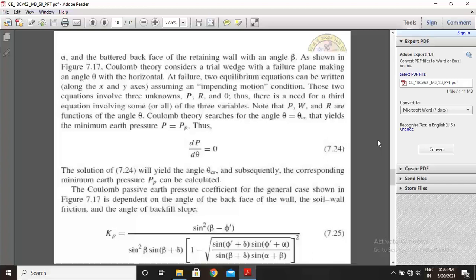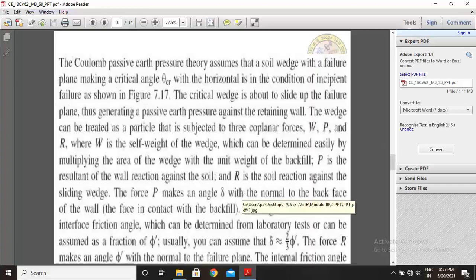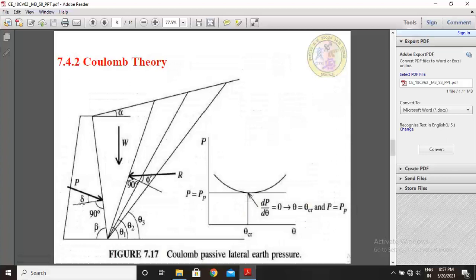The Coulomb passive earth pressure coefficient for the general case shown in figure 7.17 is dependent on the angle of the back face of the wall, the soil wall friction and the angle of backfill slope. These are the parameters: the delta angle, beta angle and slope angle alpha.